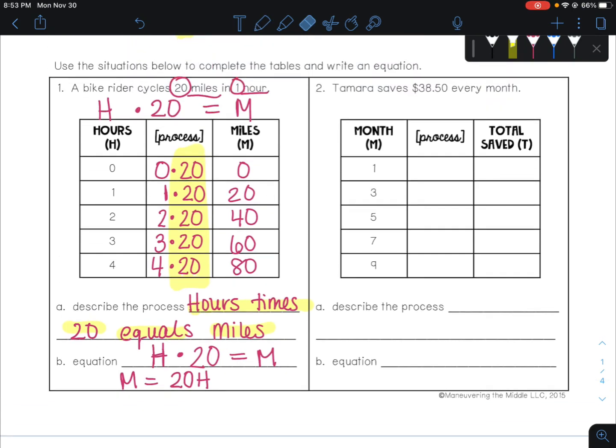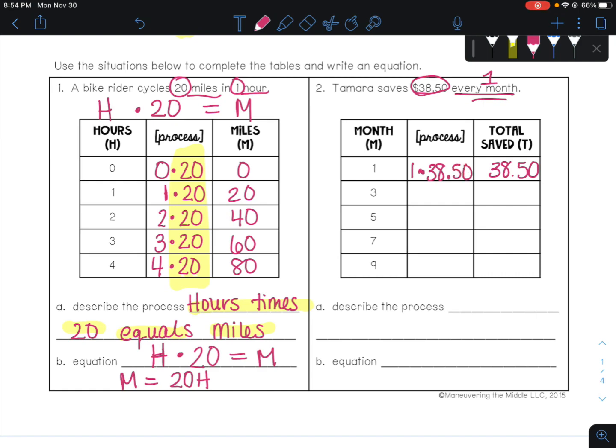Number 2, Tamara saves $38.50 every month. So when it says every month, we have to realize that that means every 1 month. So in 1 month, the amount she saved was $38.50, okay? So that means from 1 to $38.50, it's the same thing. We're going to do 1 times $38.50.